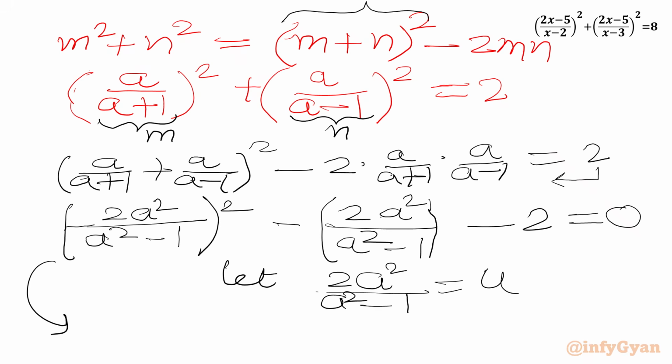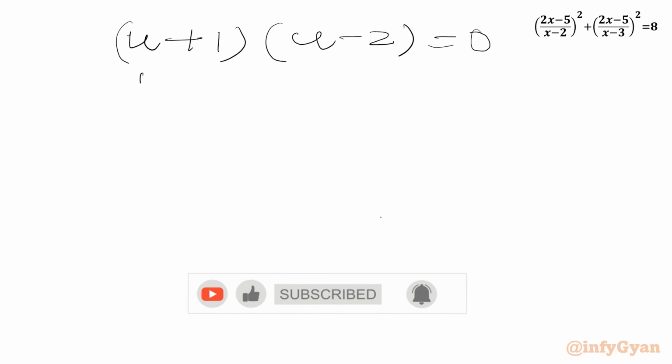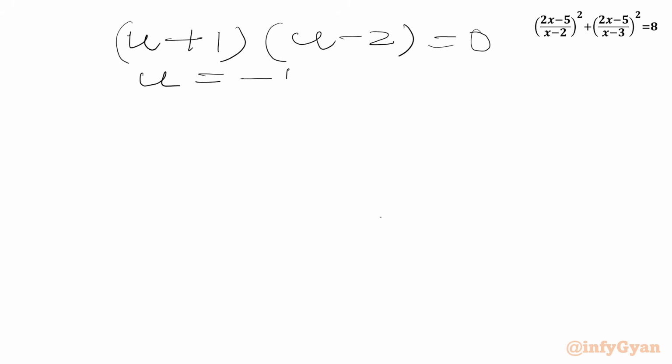Now we can write our equation in variable u. u square minus u minus 2 equal to 0. Equation is quadratic. We can factorize easily and write u plus 1 times u minus 2 equal to 0. Using product 0 rule, we will be getting u equal to negative 1 and 2. u was substitution.